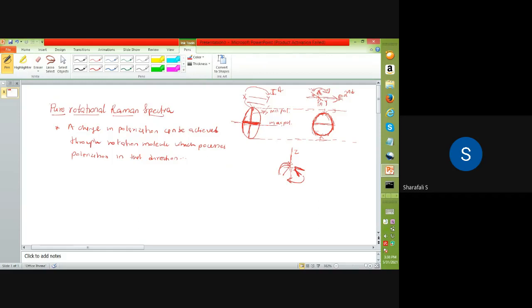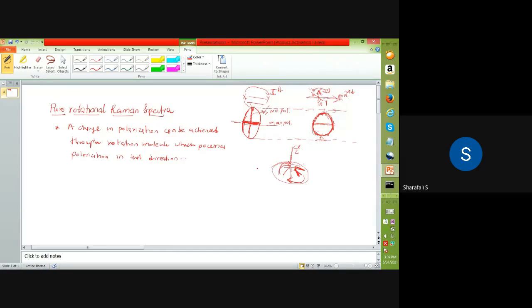Even if you are getting some polarization in this part, if you rotate it about that Z axis, it will not affect the polarization.